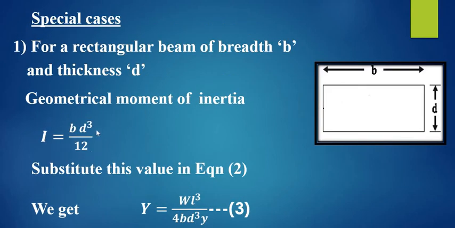Substitute this value in equation 2. We get capital Y equal to W L cube divided by 4 B D cube y. This is the expression for Young's modulus of the rectangular beam using the non-uniform bending method.